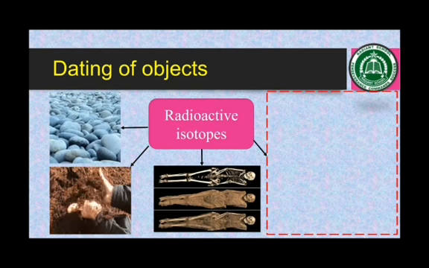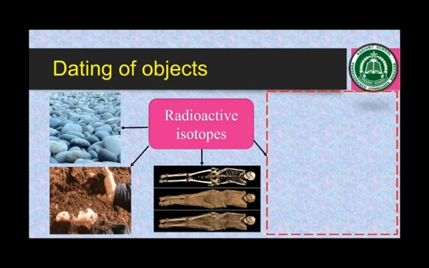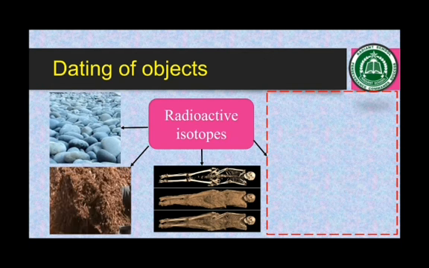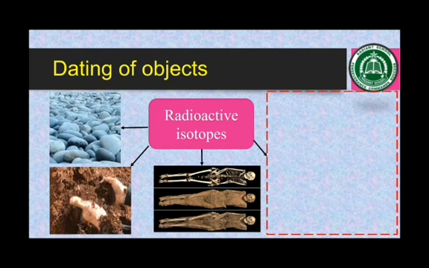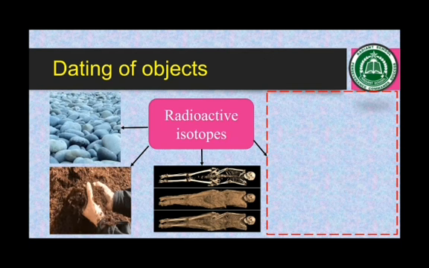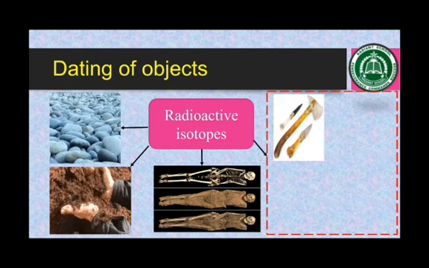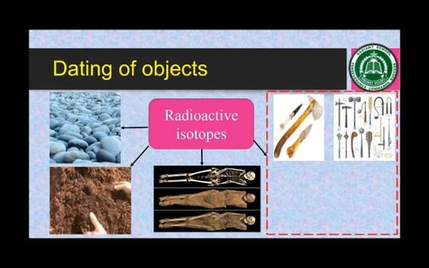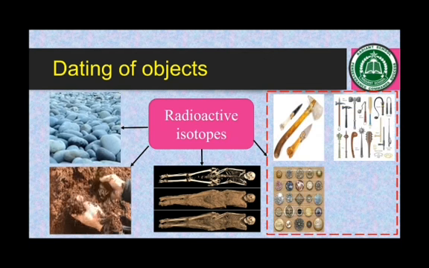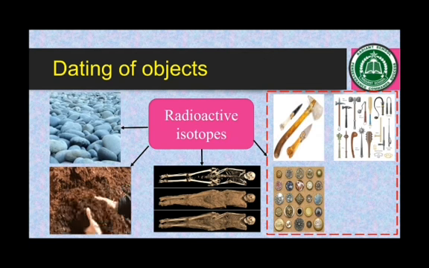What are archaeological objects? These are prehistoric antiquities such as the remains of buildings or monuments. For example, tools made of stones, metal objects such as weapons, and items of personal adornment such as buttons, jewelry, and clothing.